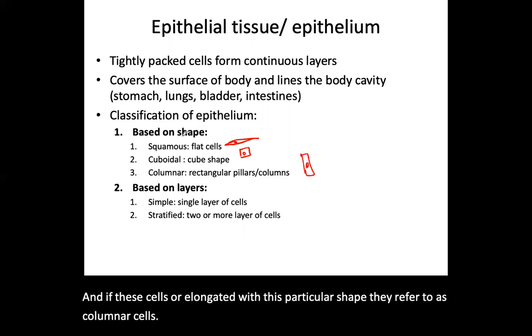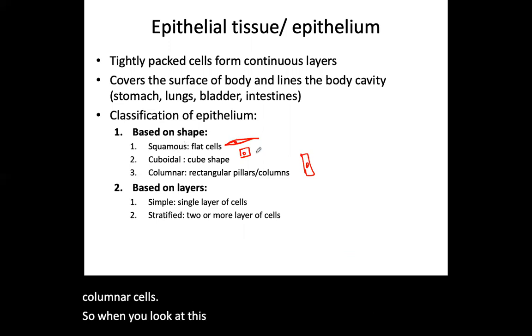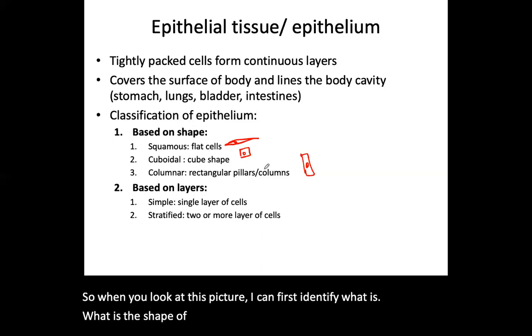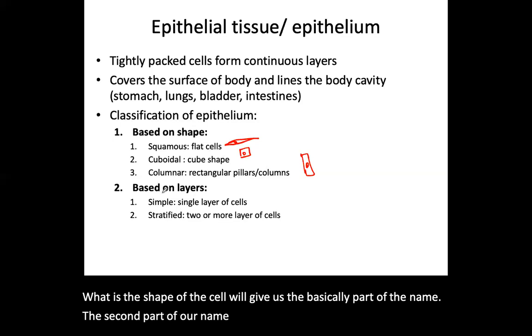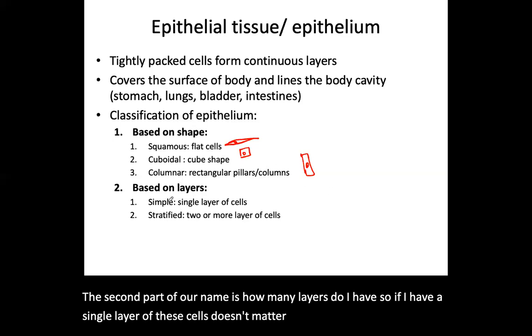So when you look at this picture, I can first identify the shape of the cell, which will give us part of the name. The second part of our name is how many layers do I have? So if I have a single layer of these cells, doesn't matter which type, I will refer to them as simple.